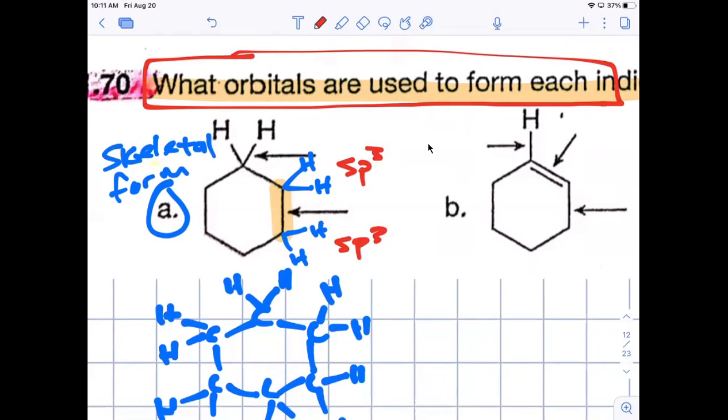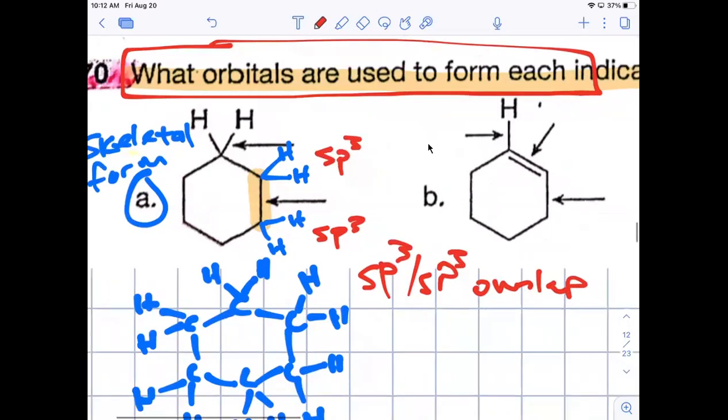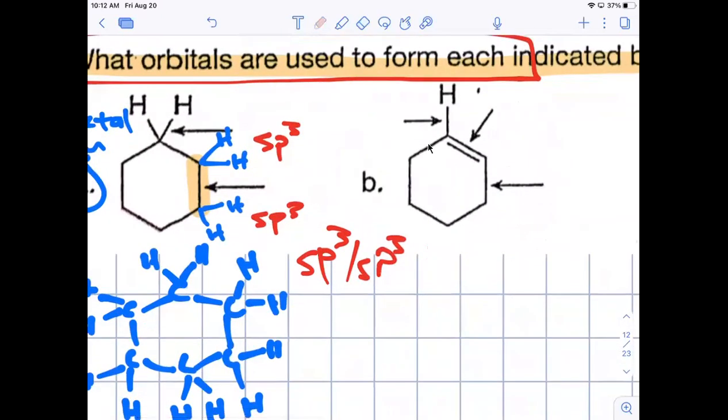Remember, your sigma bonds come from hybridized orbital overlap, and your pi bonds come from unhybridized p orbital overlap. So this bond is the result of sp3 overlap, right? Right, that's that for that bond.